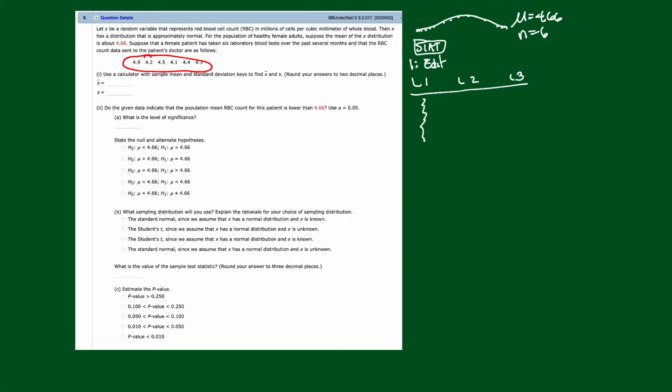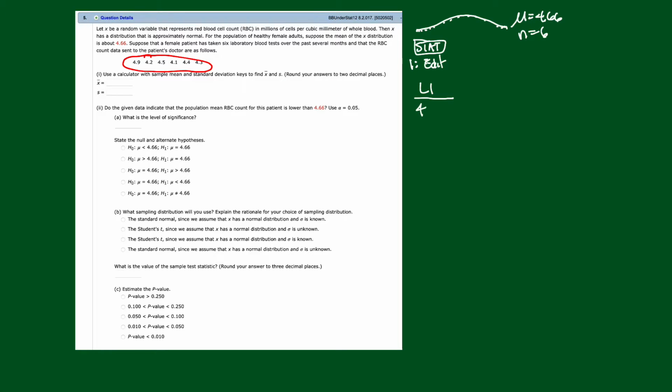Get your cursor onto L1 with your arrow keys, so L1 is highlighted, then press Clear, and then Enter. All that data disappears, and now your cursor is right in the top position.